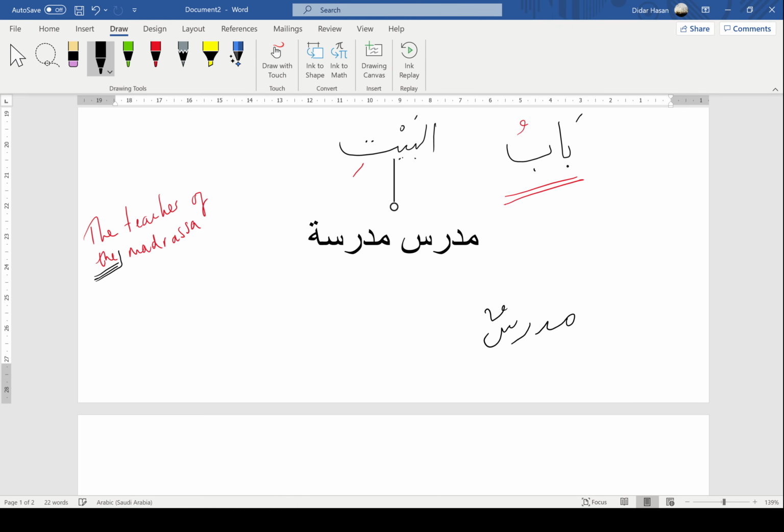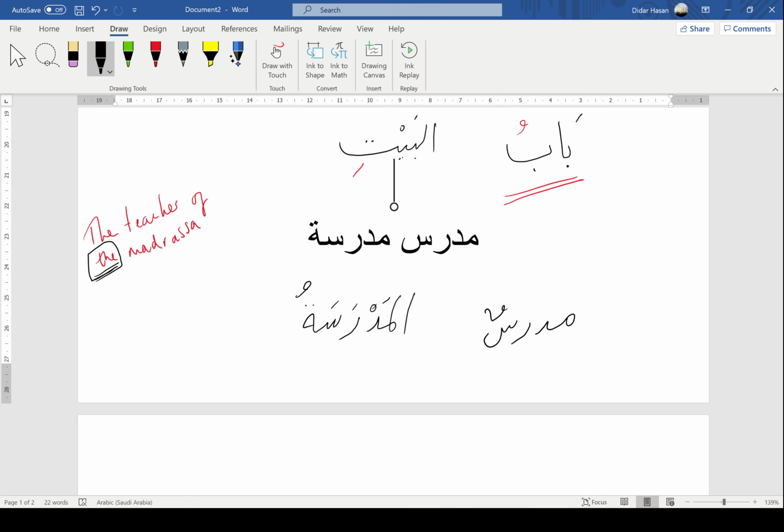Look over here, I've highlighted the "the". So I'll just write the "the" from the beginning, just to make it easier. Al madrasatu. Because it has an alif lam, you can only have one dhamma. Al madrasa, sukun. Al madrasatu. Okay, so now the rule again.